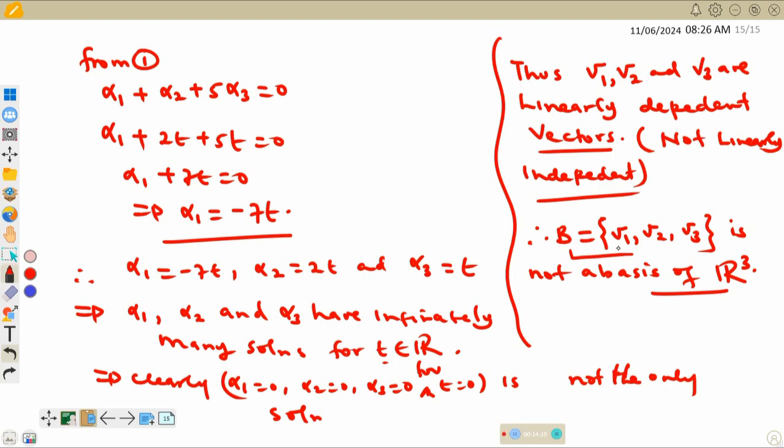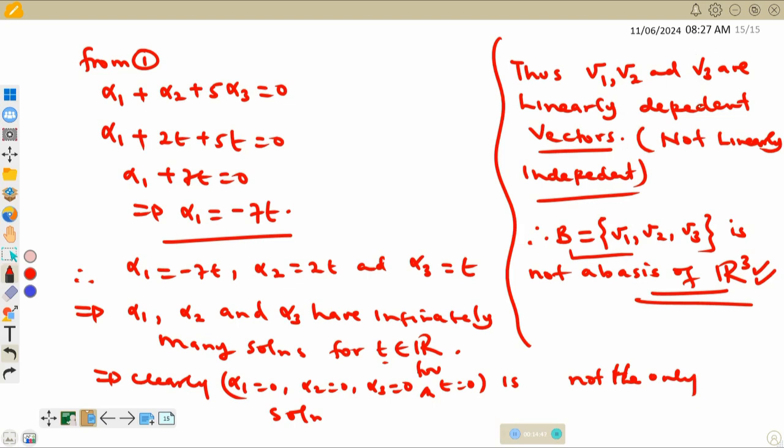If one of the conditions is not satisfied, then we conclude that this set containing vectors v1, v2, v3 is not a basis of R3. So that is basically how we prove that a given set forms a basis of a given vector space.